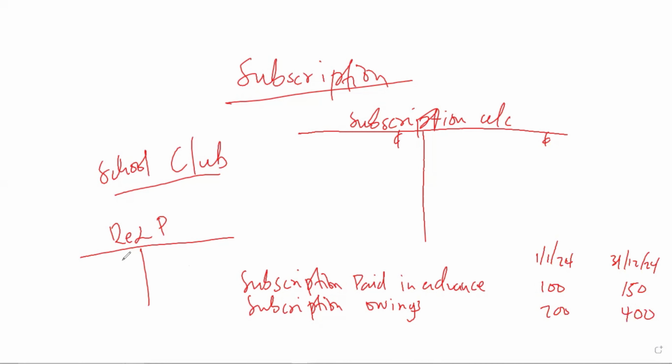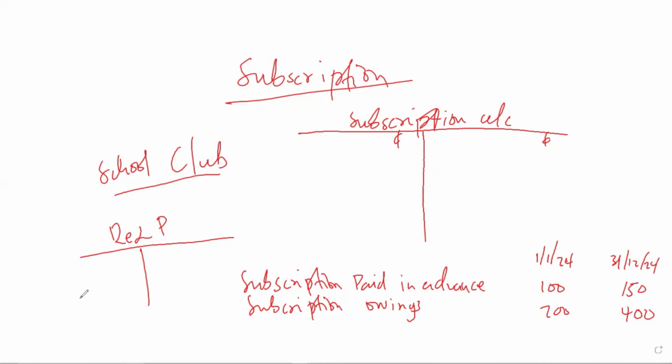And when you go to the receipt and payment account, under accounting for non-profit organizations, their cash book is what they call the receipt and payment account. It's the same thing as the cash book. Normally you find the subscription on the debit side because it is an income received.